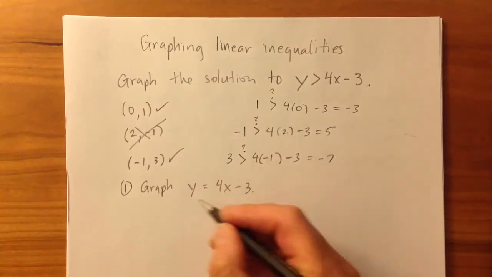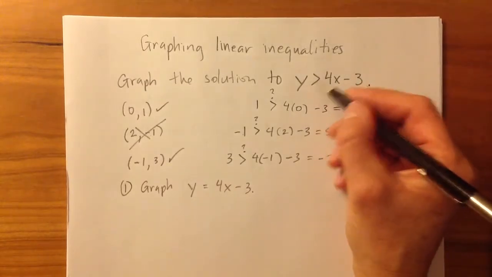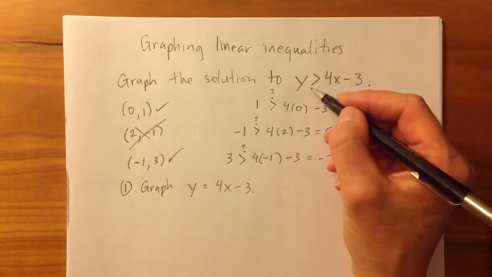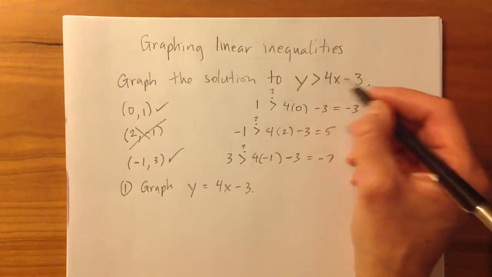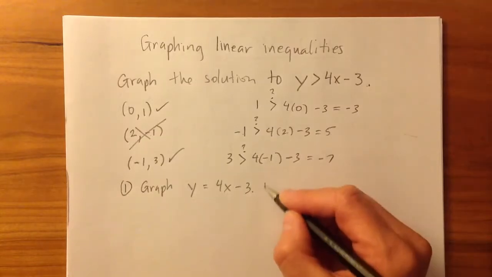So we're going to graph the line y equals 4x minus 3. Only since this says y is bigger than 4x minus 3, it means y is not allowed to be equal to 4x minus 3. So we're going to make it dotted.